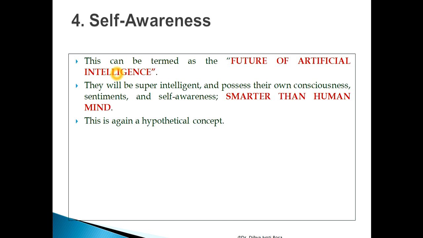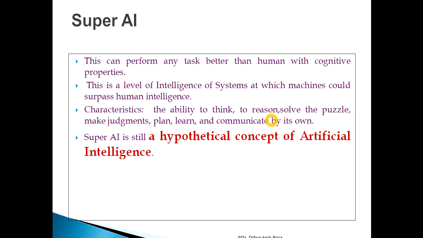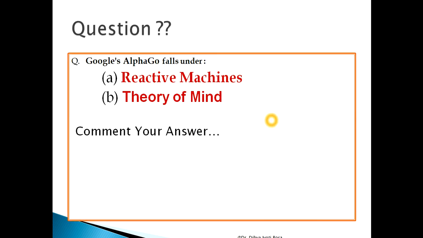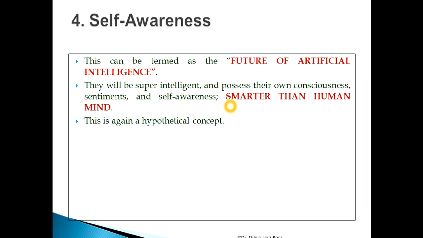These machines will be super intelligent, possess their own consciousness, sentiments, and self-awareness, and will be smarter than the human mind. So again, this is a hypothetical concept. These are the different parts, type 1 and type 2. Clear? Super AI is a hypothetical concept, and similarly self-awareness is a hypothetical concept.